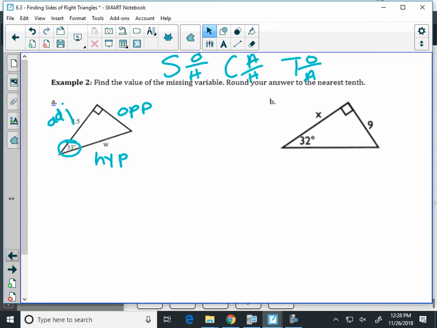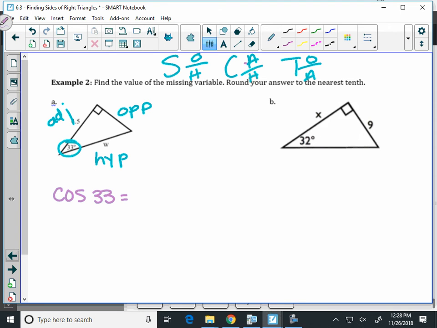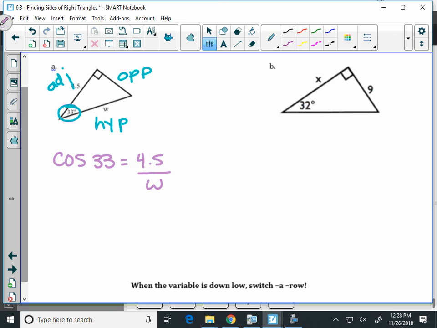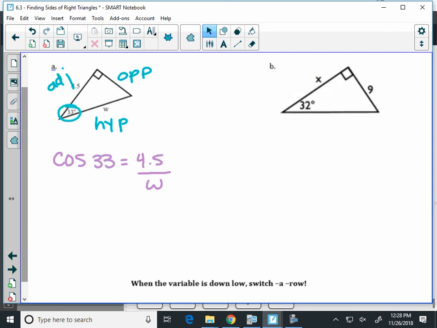So we have to say cosine of my angle is equal to adjacent over hypotenuse. So 4.5 over W. Here's this helpful saying. When the variable is down low, meaning when the variable is in the bottom of your fraction, switch a row.